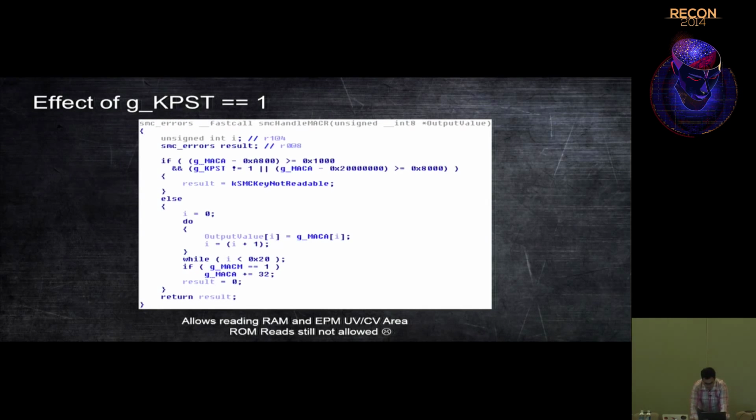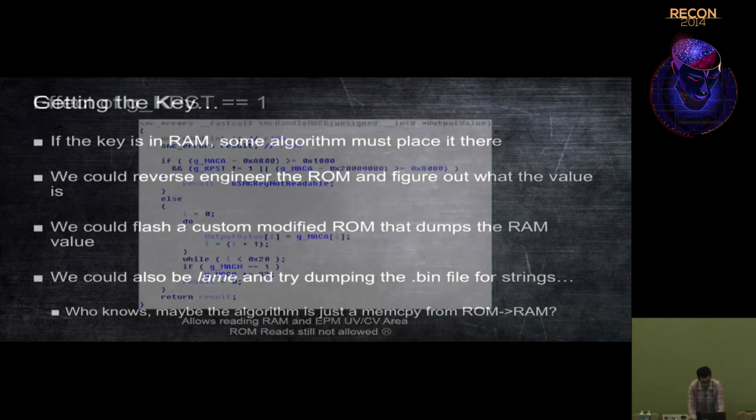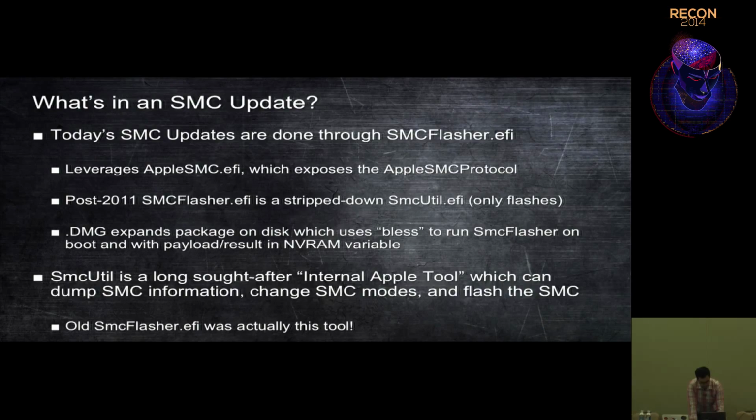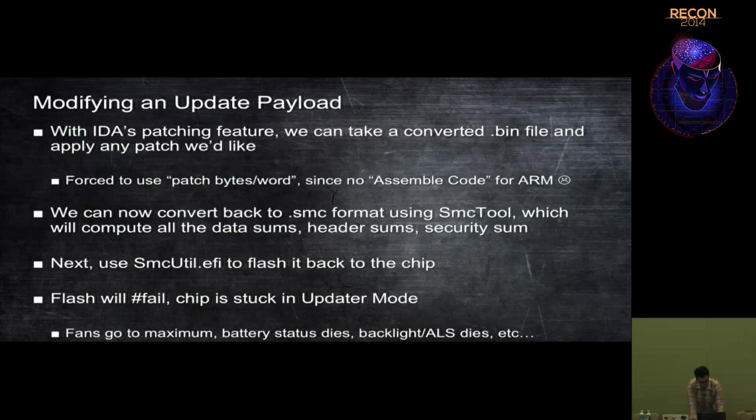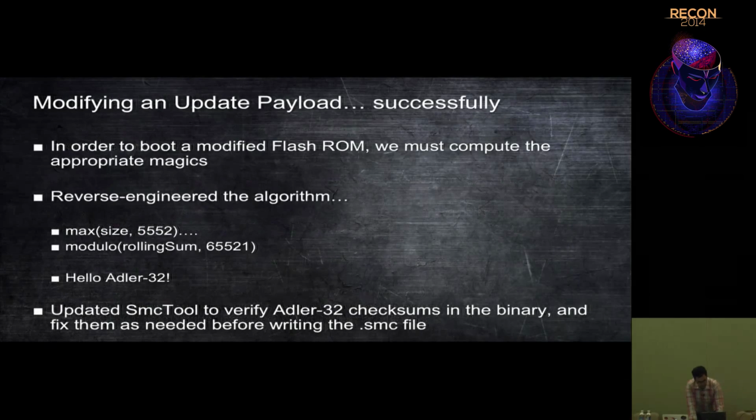So with that, I basically created, added that to the tool, and was able to make it dump the entire SMC. Now, what's nice about being able to dump the entire SMC is that the Apple updates only have the application code. They don't have the boot code and the flash code, because they almost never want to update that unless there's something wrong.